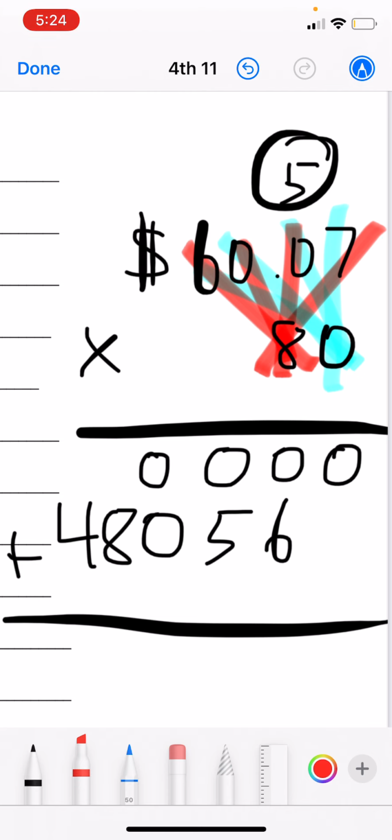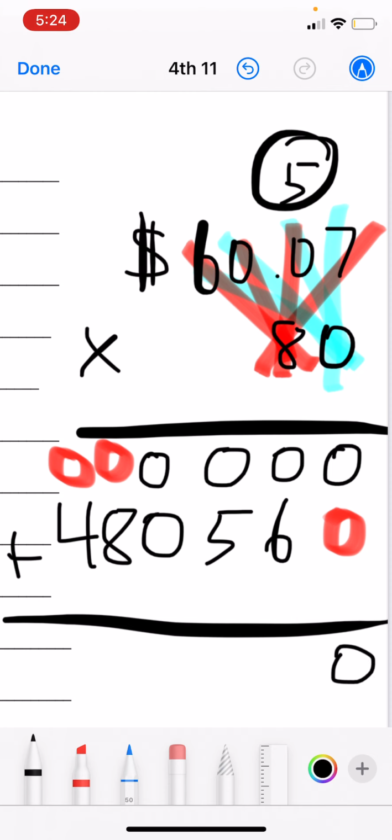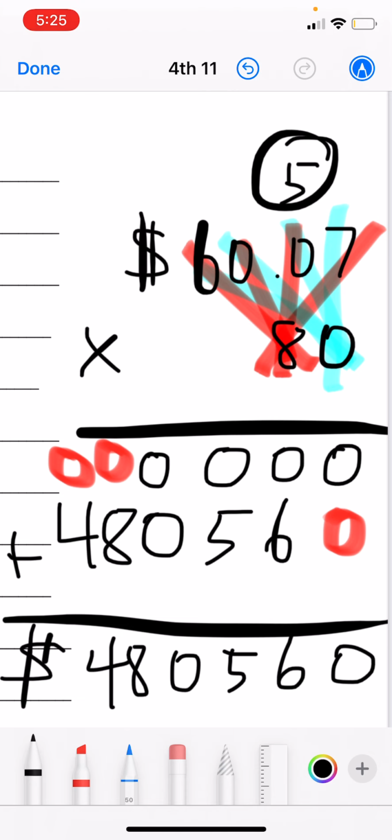Okay, now we're going to fill in our imaginary zeros as placeholders and go ahead and add it out. So 0 plus 0 is 0, 0 plus 6 is 6, 0 plus 5 is 5, 0 plus 0 is 0, 0 plus 8 is 8, and 0 plus 4 is 4. Make sure to add your $ sign.